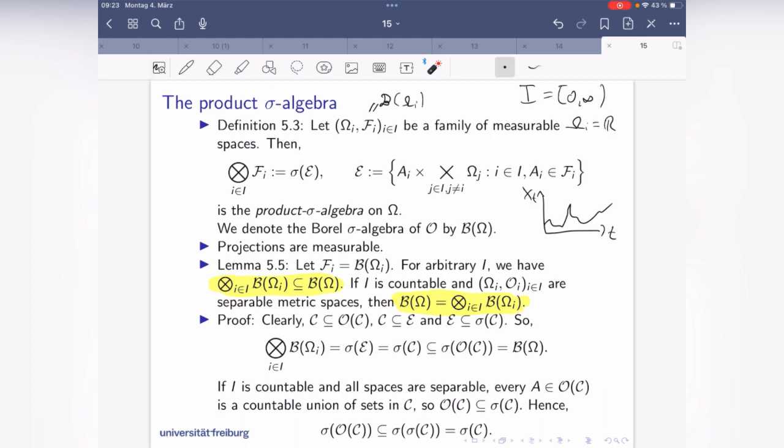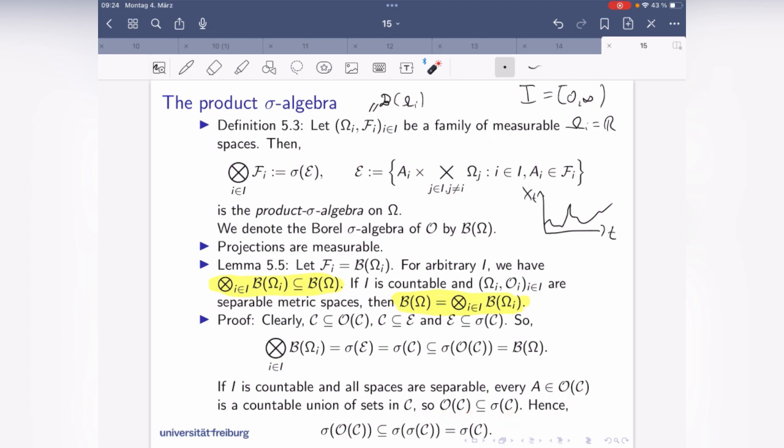So here you only have a subset relation. But if I is countable and all spaces are separable, which means you have a countable dense set within every omega, that means if you have an open set, you can write it as a countable union of sets in C, which means the topology generated by C is a subset of sigma of C. So every open set is measurable.